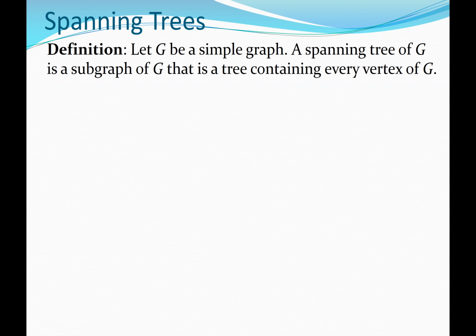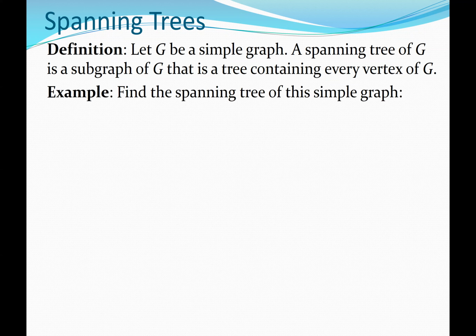So a spanning tree is a subgraph of the original graph that is a tree and contains every vertex of G. A tree is very important because a tree doesn't have a circuit, so that's why we call it a tree. And then it has to contain every single vertex of the original graph. So it's a subgraph but defined as a tree.